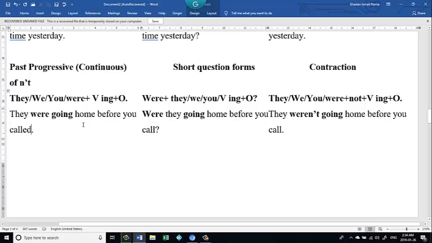Then we say they were going home before you called. Then to make a question, we say were they going home before you called? Yes, they were, or no, they were not. They weren't going home before you called. Okay.